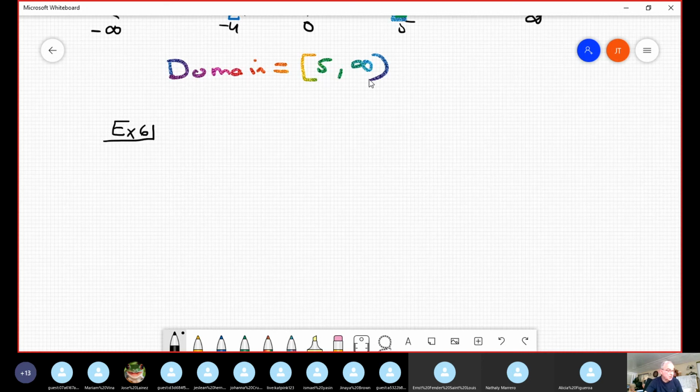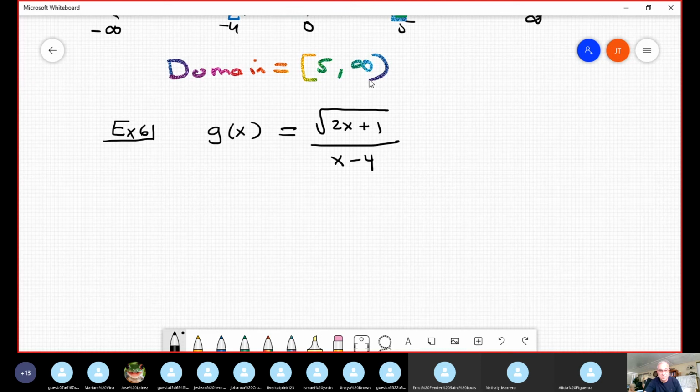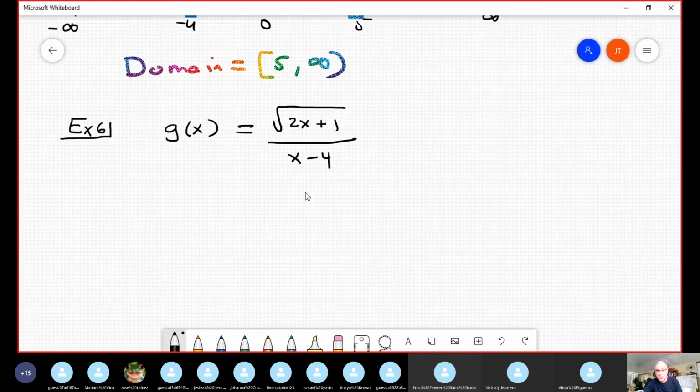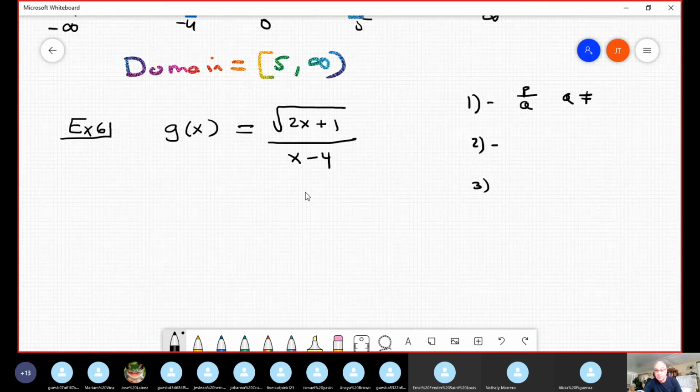In example 6, we have g of x equals square root of 2x plus 1, divided by x minus 4. Wow, what the hell? Let me quickly review my restrictions: 1, 2, 3. In restriction 1, we have division, and it's illegal for the denominator to be 0.